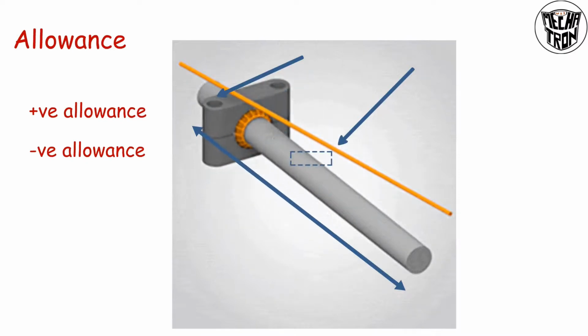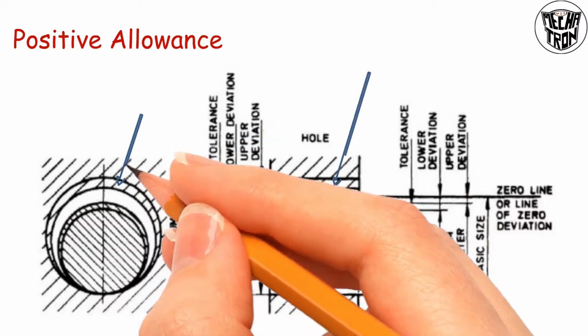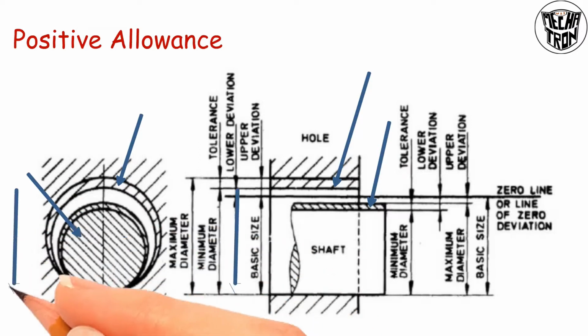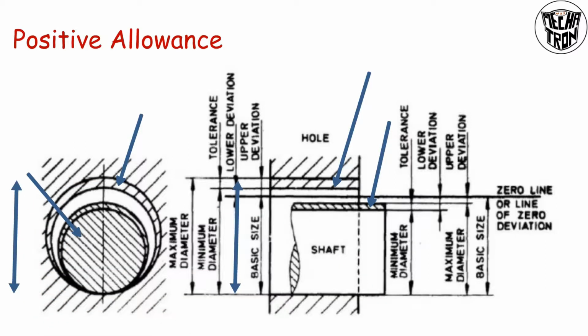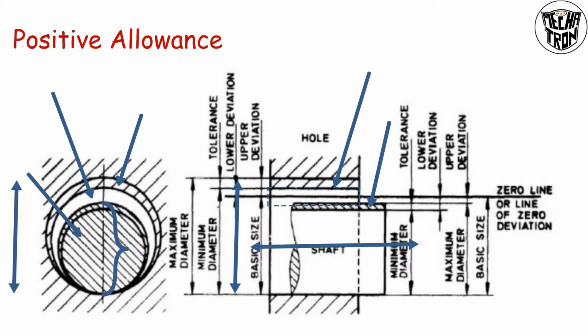Now we are going to see two types of allowance. First, positive allowance. We can see this figure. This is the hollow shaft and this is the circular shaft, and this shaft is sliding inside the hole of this hollow shaft. You can see here there is a small gap provided so the shaft will be sliding freely inside this hole, and here if the diameter of shaft is smaller than the diameter of hole, then it is called positive allowance, and this gap is the positive allowance.